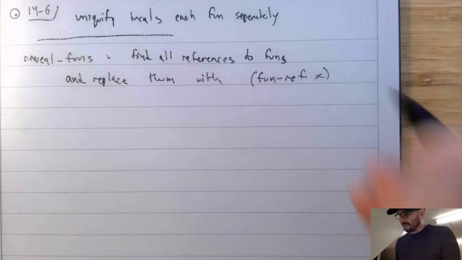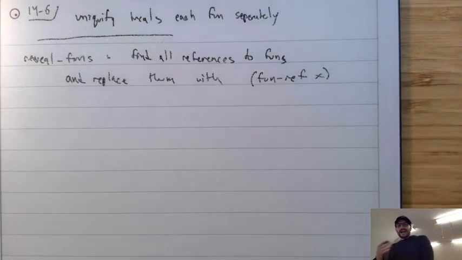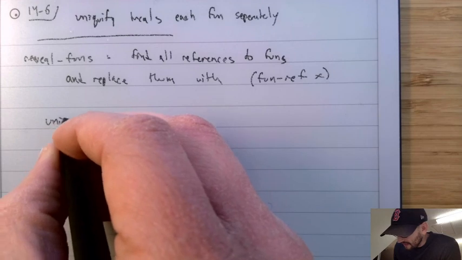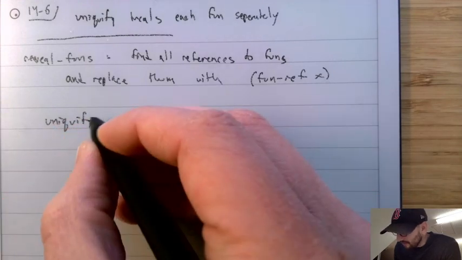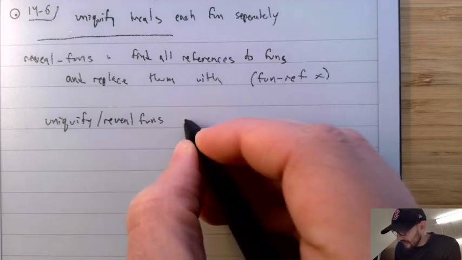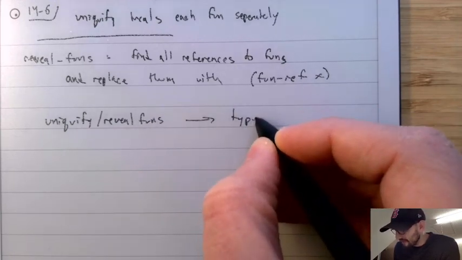Again, I've mentioned this a few times. This is something that you can kind of do inside of the type checker. Basically, there's one version of this program that uniquifies, and while doing uniquify, it also does reveal funs. And then you take that and use that in the type checker.